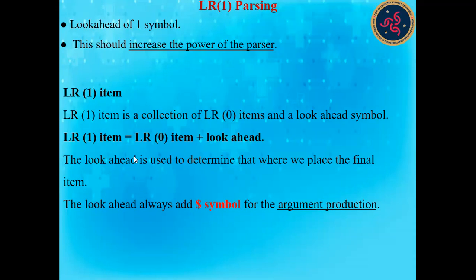So when constructing the SLR and LR parser, we noted a term called LR0 item, right? In CLR as well as LALR parser, we need to find LR1 items. So LR1 item is nothing but the LR0 item plus the look ahead.